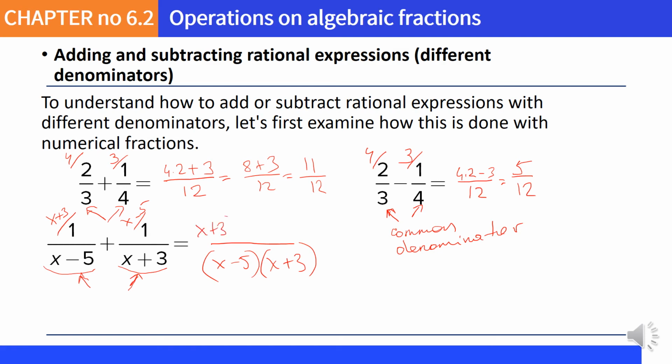Then just find the result of the numerator. If, after all the calculations, there are common factors in the numerator and the denominator, you can simplify it. And for this, we will get 2x minus 2 over x minus 5, x plus 3.